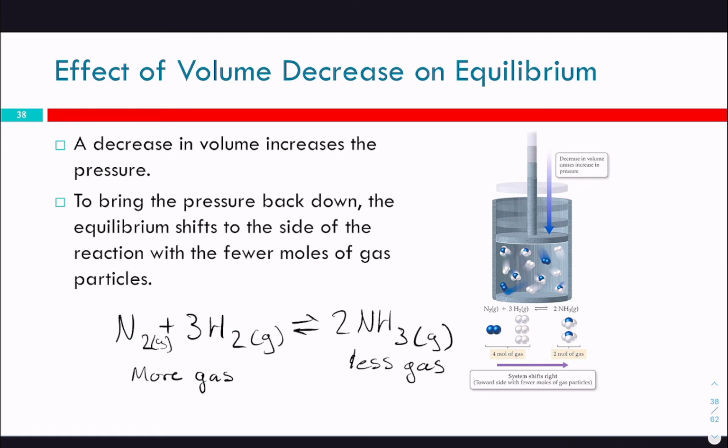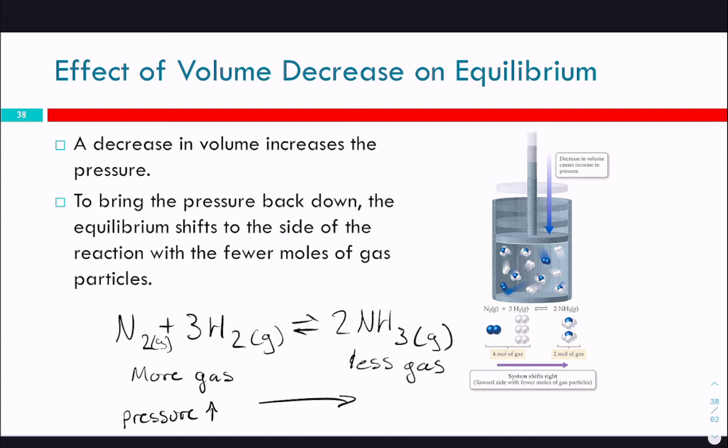So increasing pressure will cause this reaction to shift to the right. If we decrease the pressure, so we pull that plunger back up, then it'll shift to the side with more gas because it wants to maintain equilibrium.